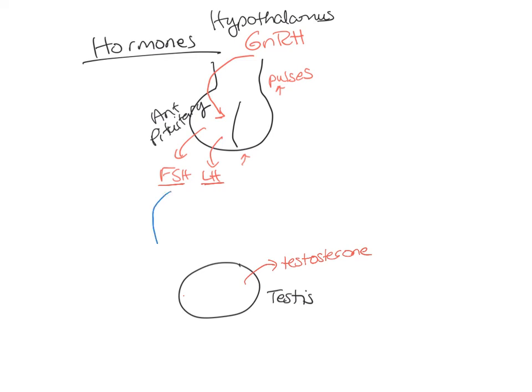So FSH in the male targets the sustentacular cells, which are the nurse cells. Under FSH stimulation, these cells are going to promote spermatogenesis. So they're going to cause spermatogenesis, as well as spermiogenesis.